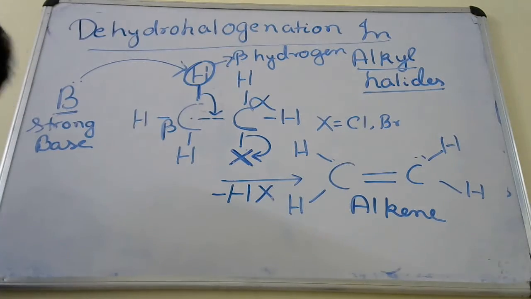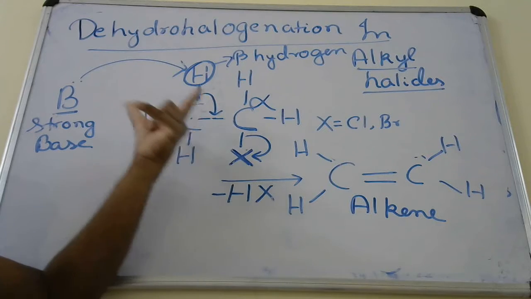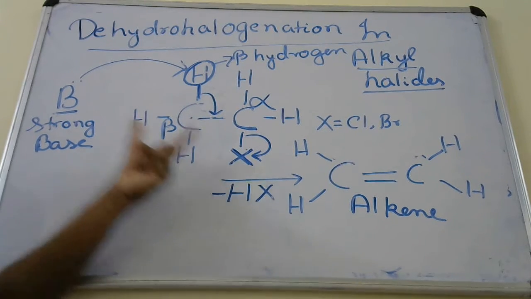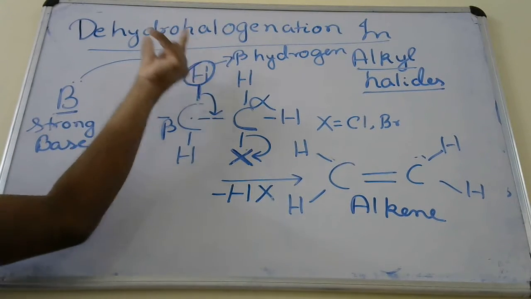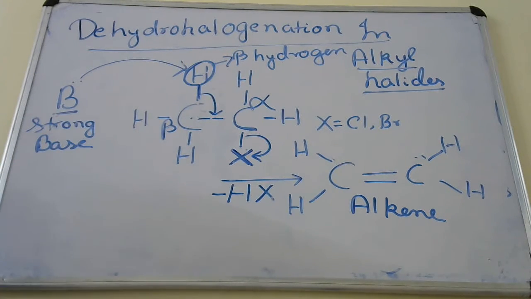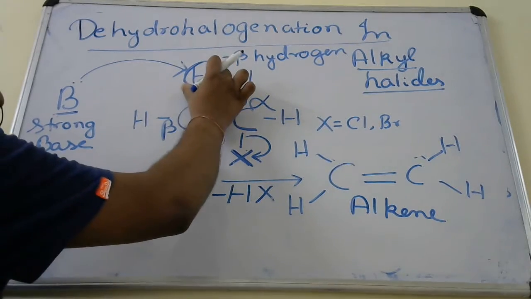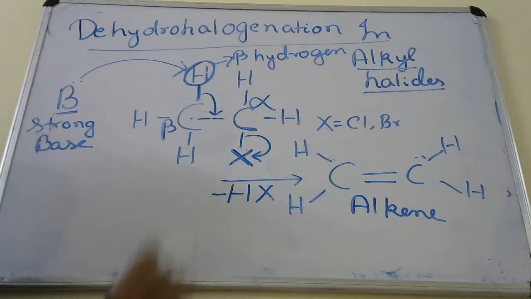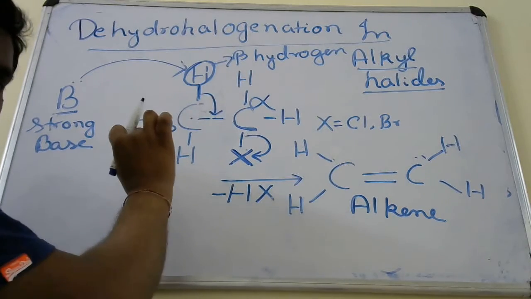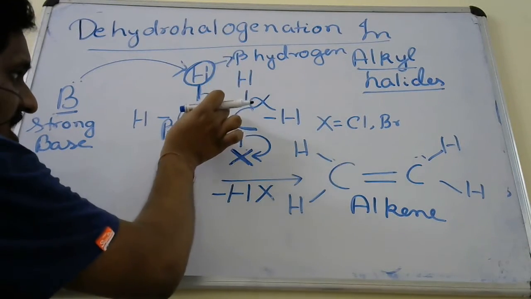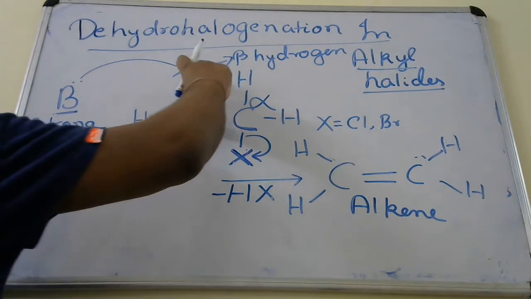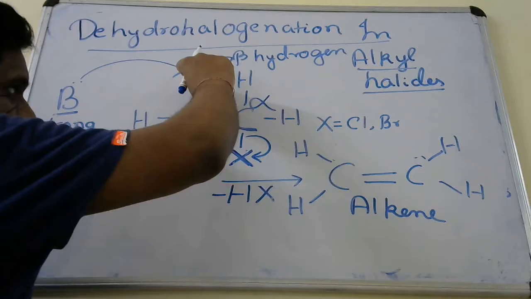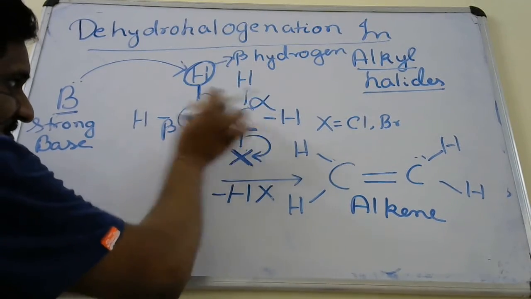To summarize, whenever an alkyl halide is attacked by a strong base, the strong base will take the beta hydrogen with itself. The beta carbon-beta hydrogen bond will break and come in between the alpha and beta carbon.